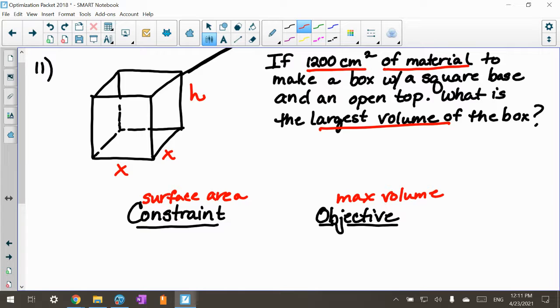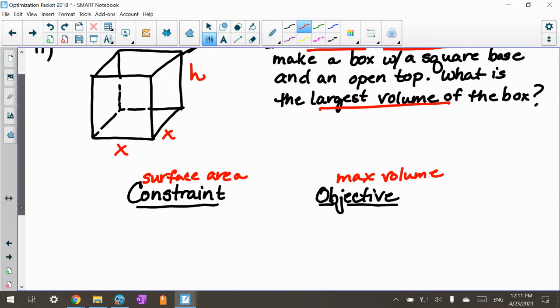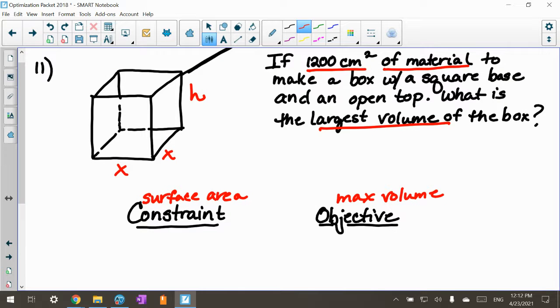The constraint tells us what we have to have, and they told us we had to have 1200 square centimeters. But first, I want you to use my picture to come up with our own equation. The bottom of my cardboard box is x squared. So my surface area is going to be the area of the base, which is x squared, plus, now I have four sides. That's one of the sides, where it's x times h.